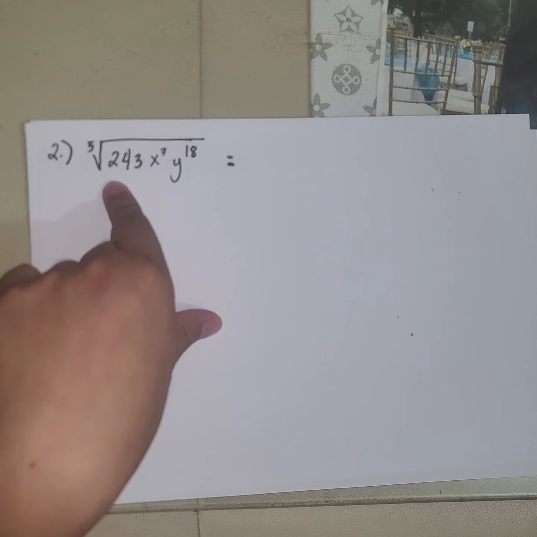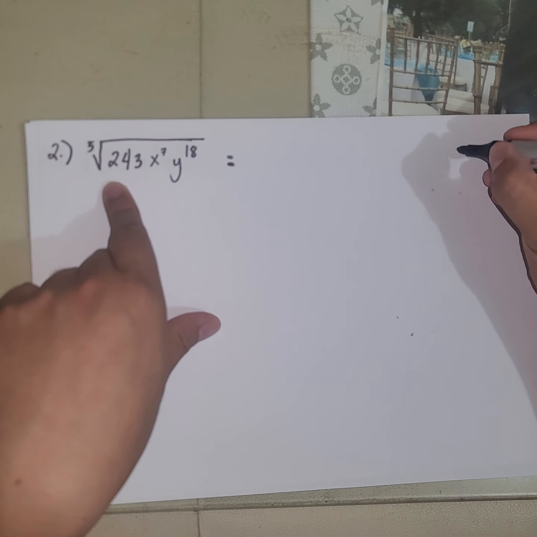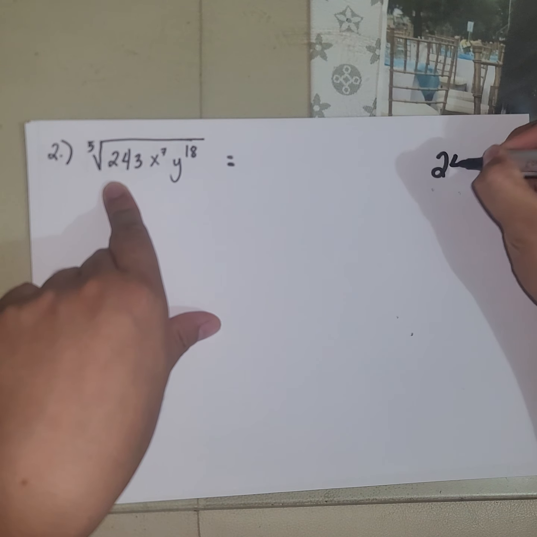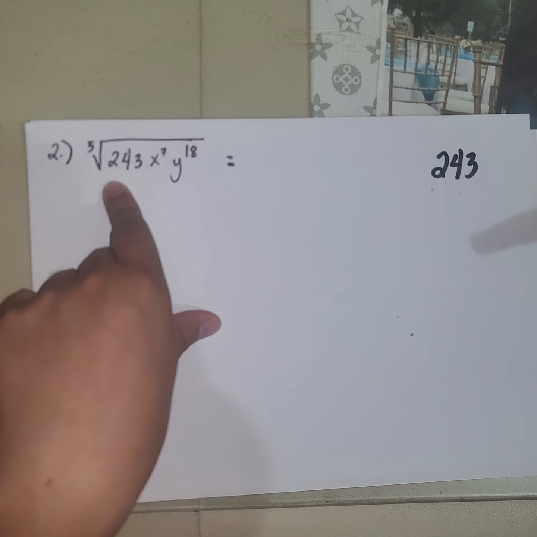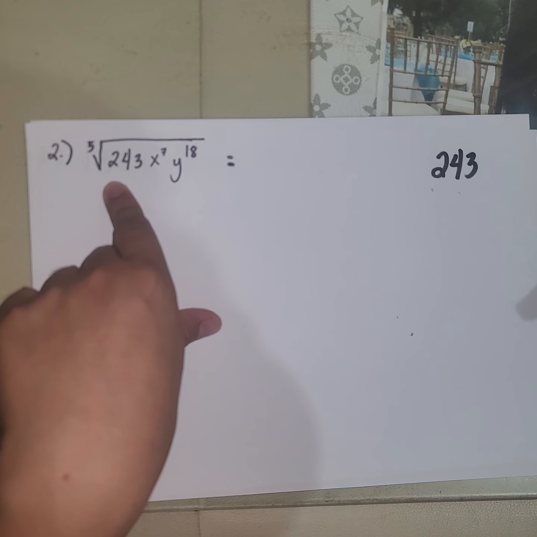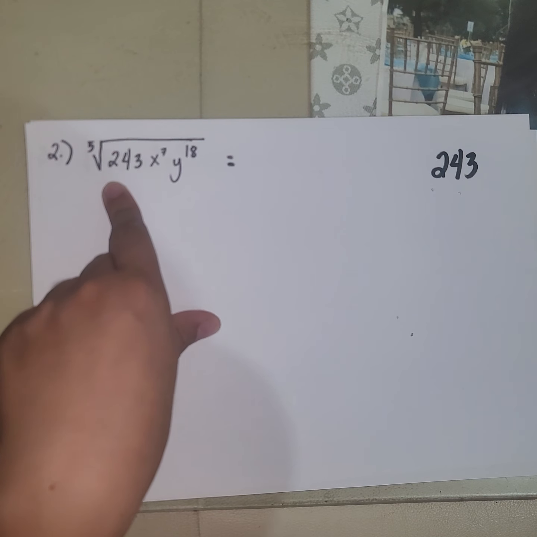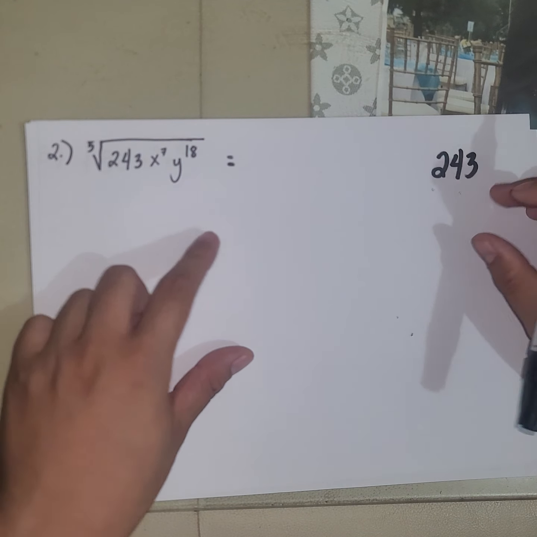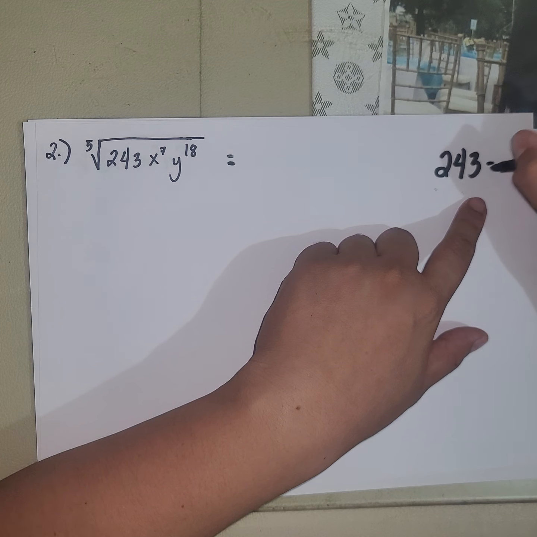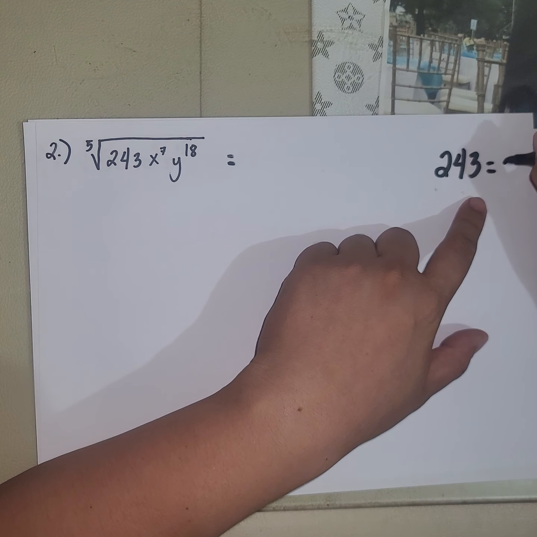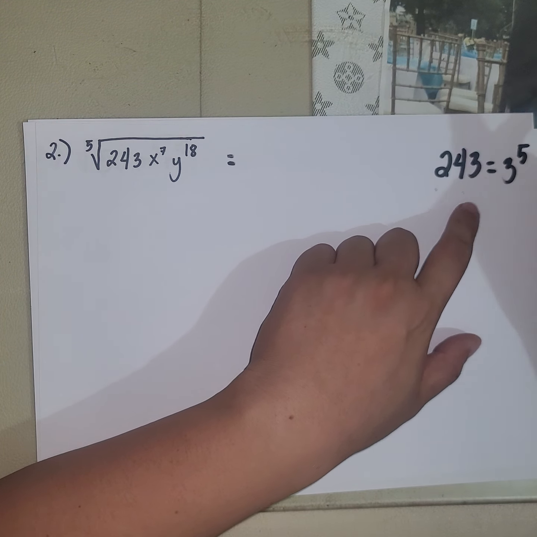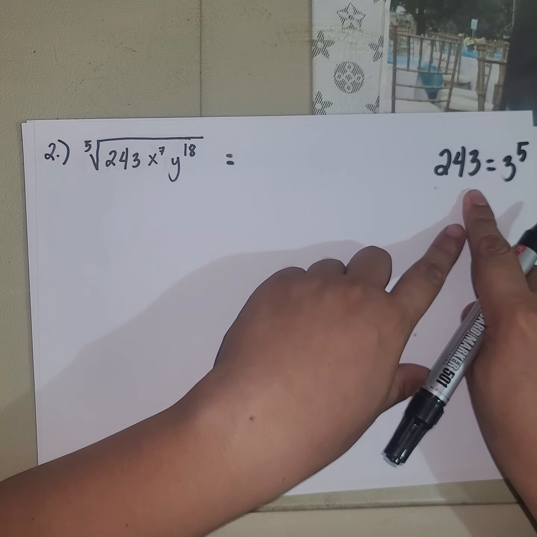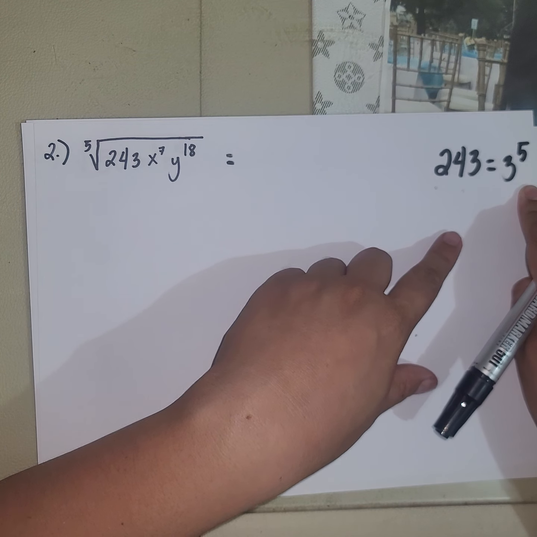Tandaan, kunin mo lang yung fifth root. Tandaan ha, 243. Ang 243 ay equivalent kay 3 raised to 5.